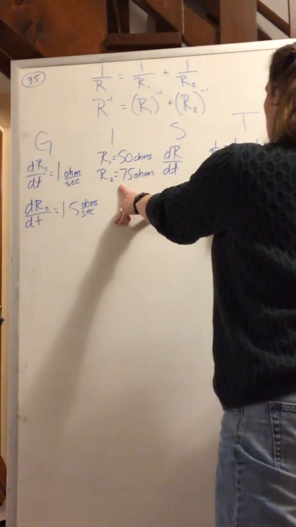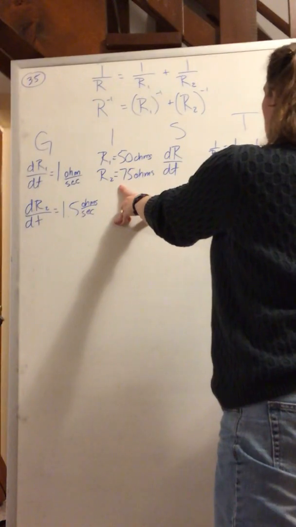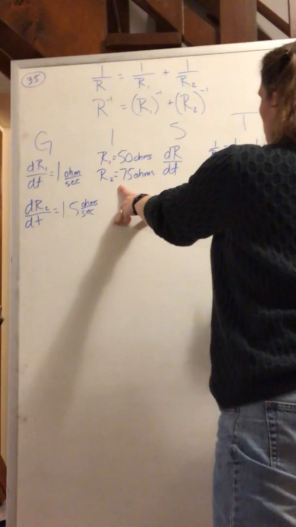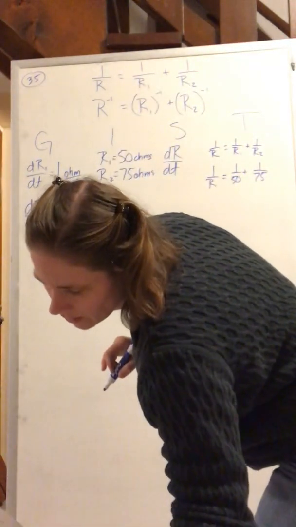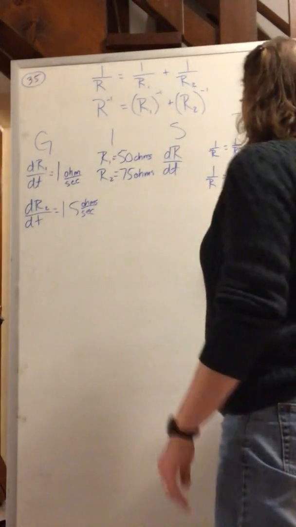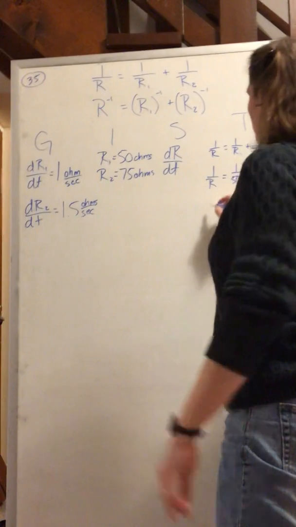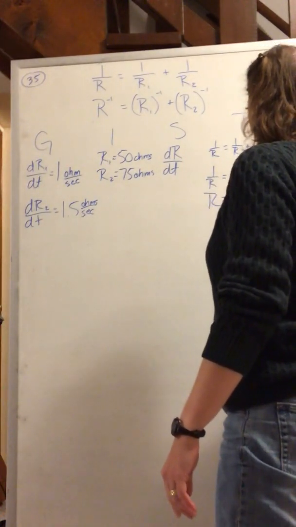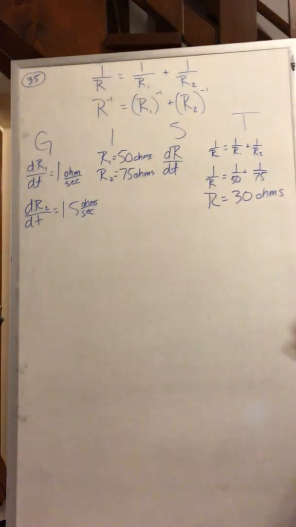So 1 over R is going to equal 1 over 50 plus 1 over 75. And then you do a little bit of algebra, common denominators and all that good stuff, and you get that R is equal to 30 ohms.